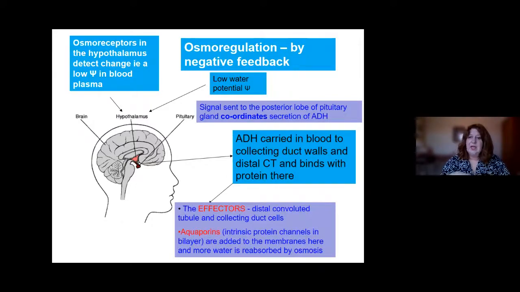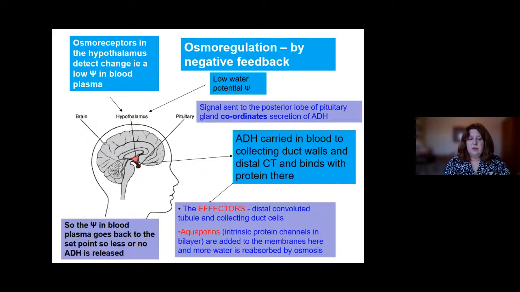So the ADH is carried to the collecting duct walls, and these are the sort of effectors, if you like, okay? And it causes temporary aquaporins. So these are protein channels. We've got temporary and permanent protein channels there, but these aquaporins are present in vesicles, and what happens is the ADH causes the aquaporins to be added to the membranes there, and ultimately more water is reabsorbed by osmosis.